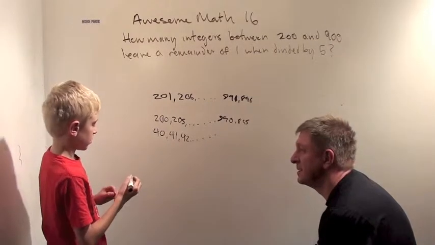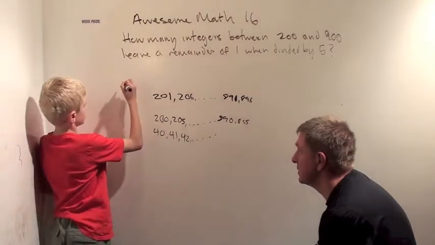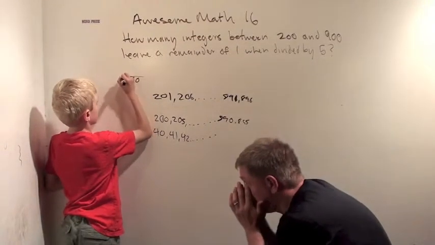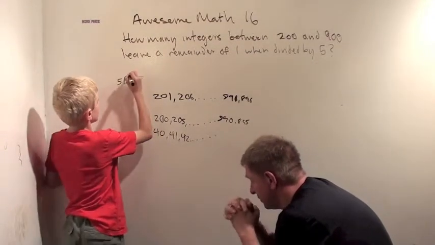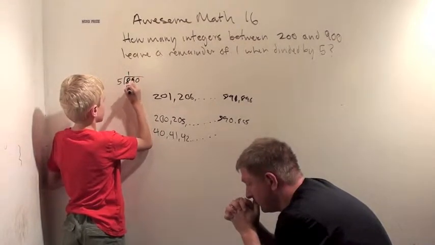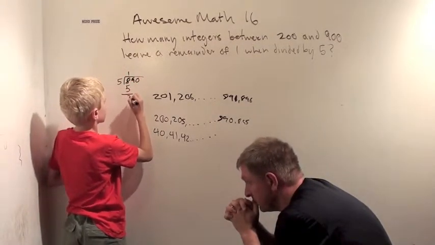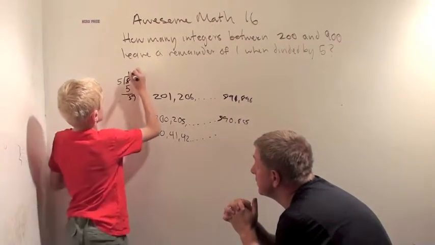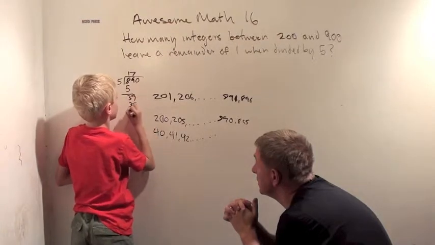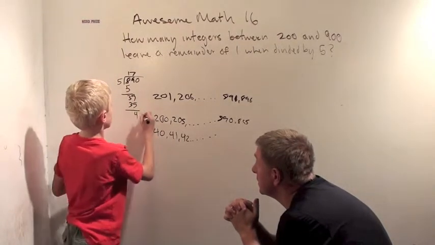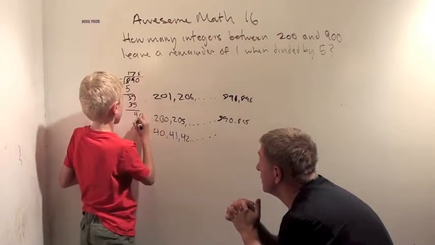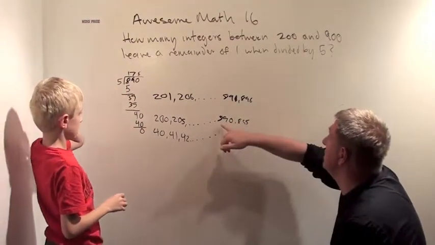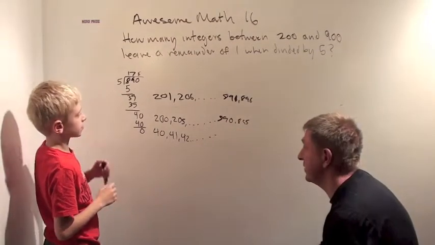Well, if we do the long division, 890 divided by 5, 1, 3, 39, 35, 4, and then 48, 40, and then there's no remainder. Okay. Looks like it's 178. So 890 divided by 5 is 178.